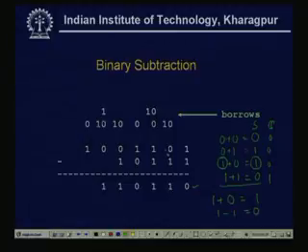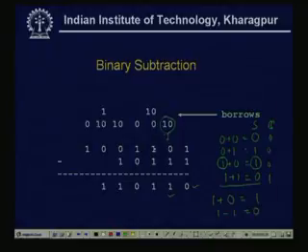From our normal subtraction rule in the decimal system, what we know is that I borrow 1 because 0 is less than 1. So I borrow a 1 and that is 10. This is my borrow for this subtraction bit. So 1 is borrowed, so 10, this is 1.